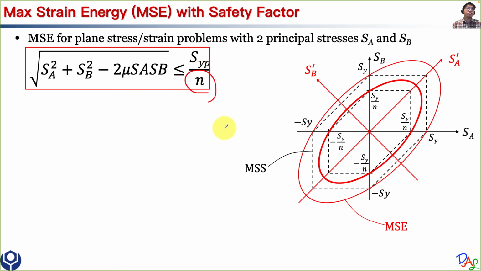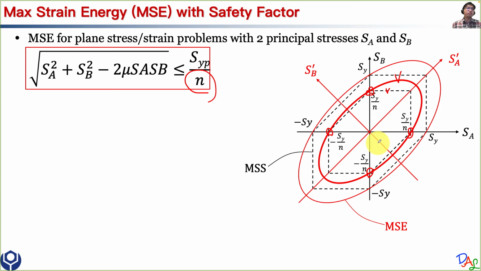You put a safety factor on the bottom of the right hand side, and what's going to happen is that you are going to have a smaller ellipse, also passing through the same 4 points we had earlier, and also slightly greater than the maximum shear stress model with safety factor.